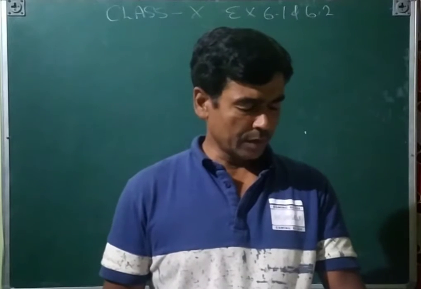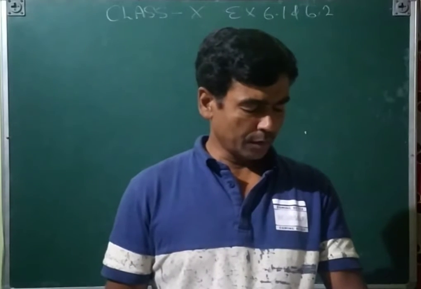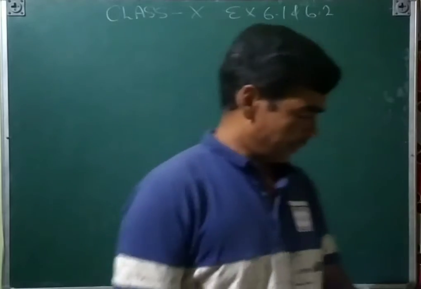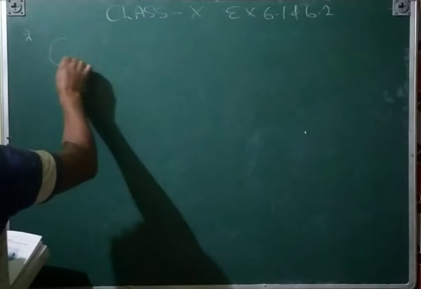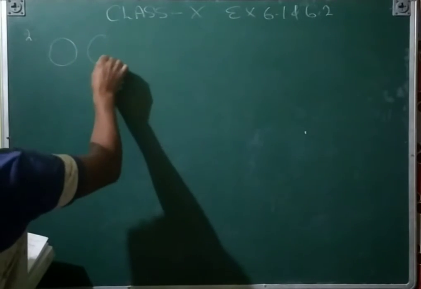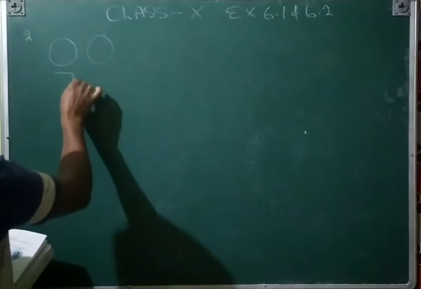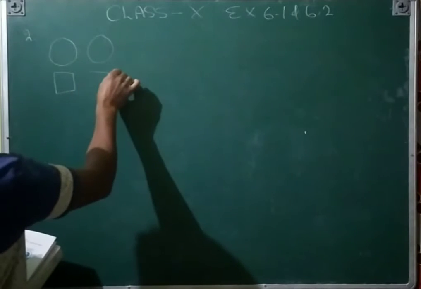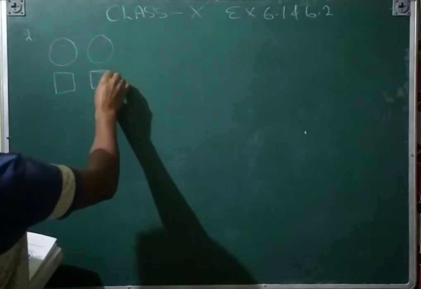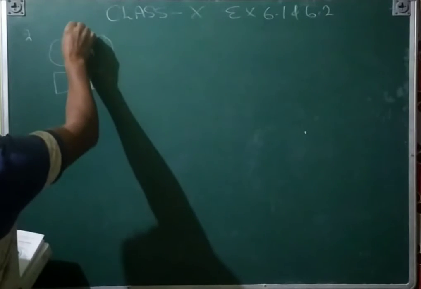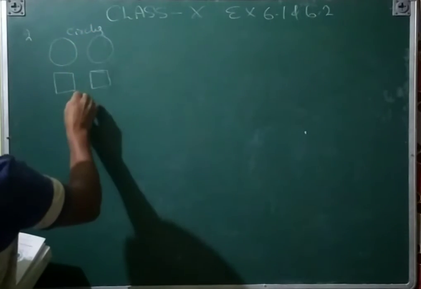Second, give 2 examples of pairs of similar figures. Here is a circle, and then we can also see the square. These are similar figures, these are circles or squares.